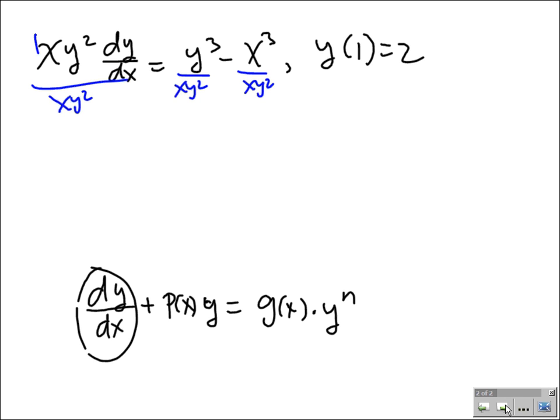And over here, you just get dy dx equals 1 over x. Now y cubed over y squared is y. Very interesting. Minus, you get x squared over y squared.